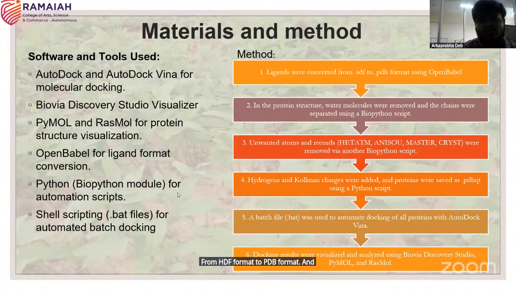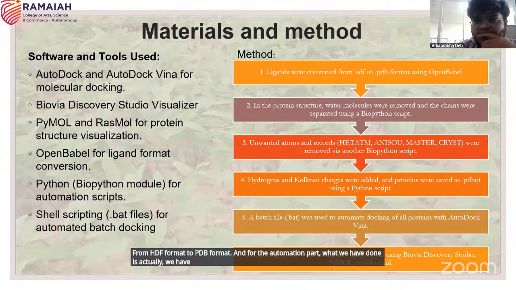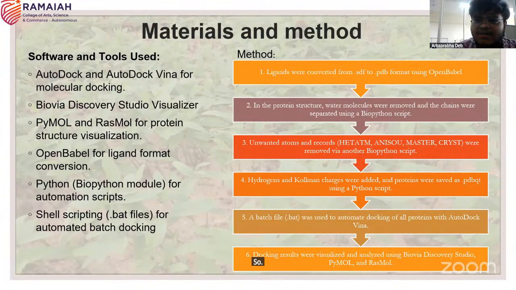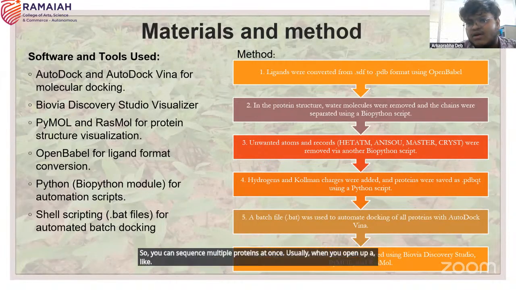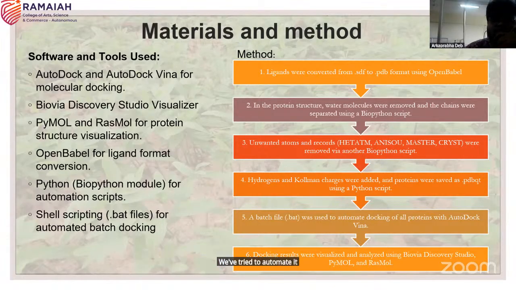For the automation part, we tried to automate the whole procedure so you can screen multiple proteins at once. Usually, when you run AutoDock Vina, you have to do everything one by one. We automated it using Python scripts and BioPython.